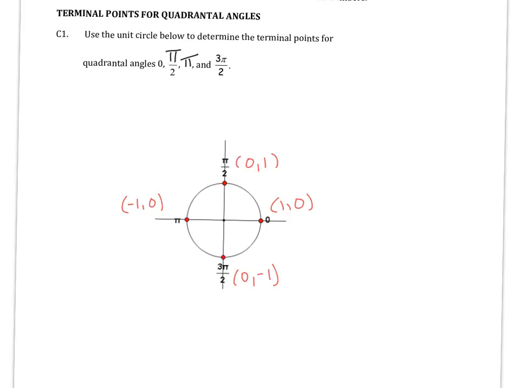So 3 pi over 2 positive is negative pi over 2, and pi over 2 is negative 3 pi over 2 if you're moving clockwise. And likewise, pi would then be negative pi were you going clockwise. So the terminal point for both pi over 2 and negative 3 pi over 2 is going to be (0, 1). So that's what's going on with the quadrantals.